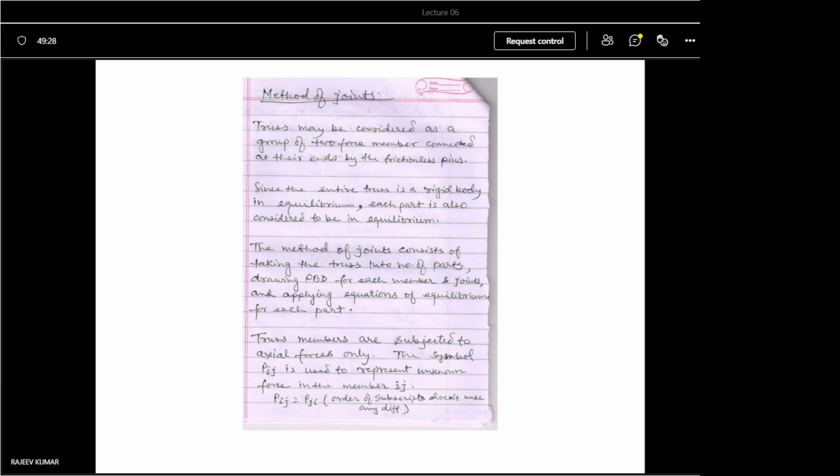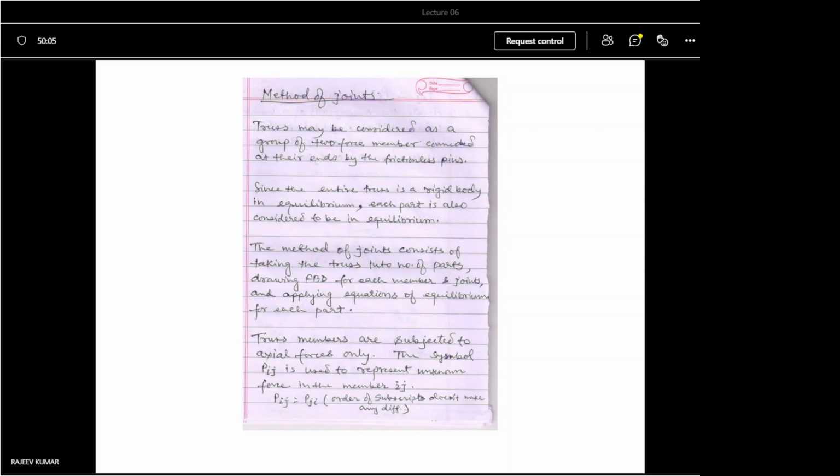Each part is also considered to be in equilibrium. The method of joints consists of taking the truss into a number of parts, drawing a free body diagram for each member and joint, and applying equations of equilibrium for each part. Because the structure is in equilibrium, the roof top is in equilibrium, it does not fly away with the wind, the truss structure does not go down, the bridge is there and that is why you can walk on it, so the systems are in equilibrium.